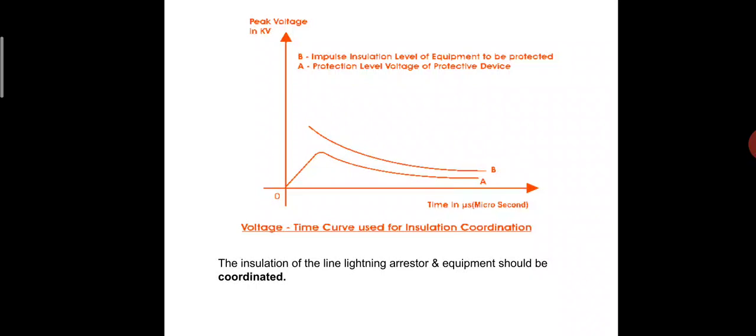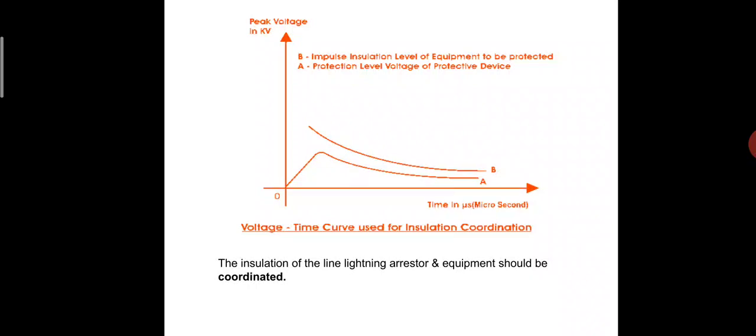See graph A: it starts at 0, then increases and reduces. A is the protection level voltage of the protective device. B is the impulse insulation level of the equipment to be protected.